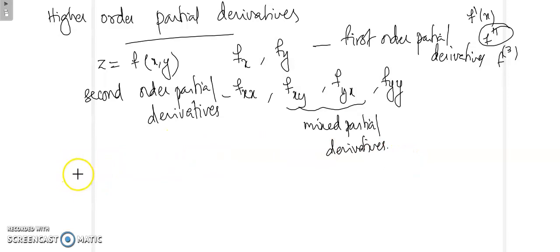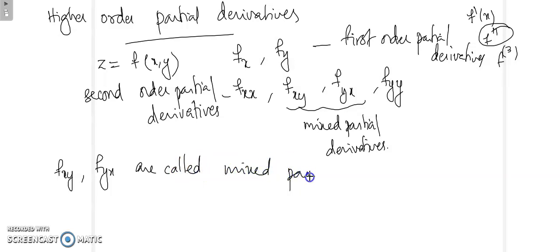So again there fxy and fyx are mixed partial derivatives. And let us see what is the condition for them to be equal.